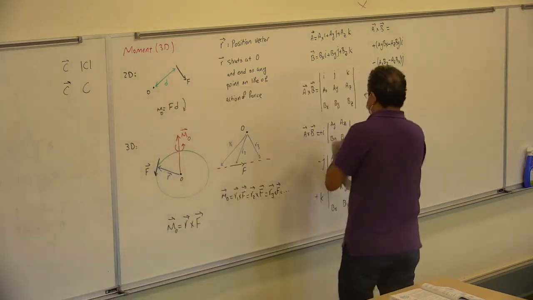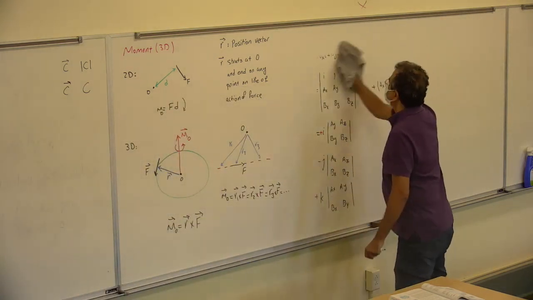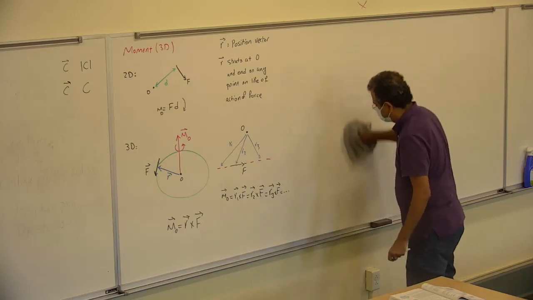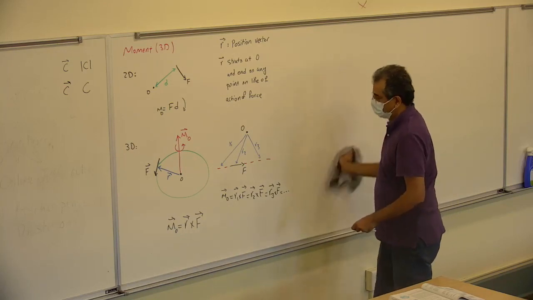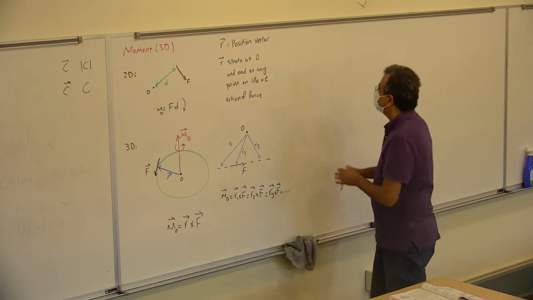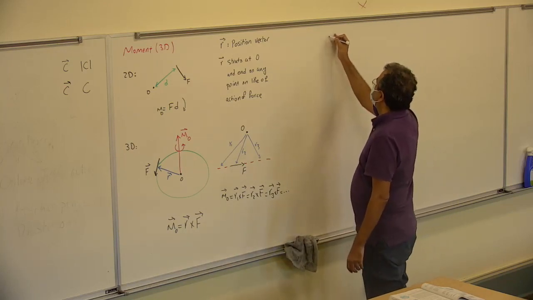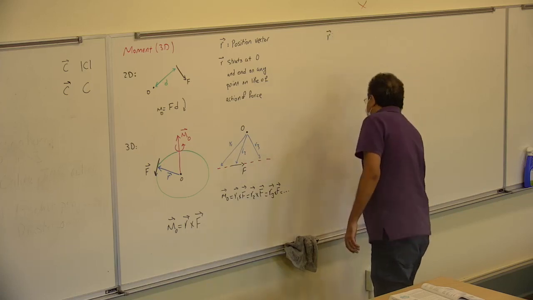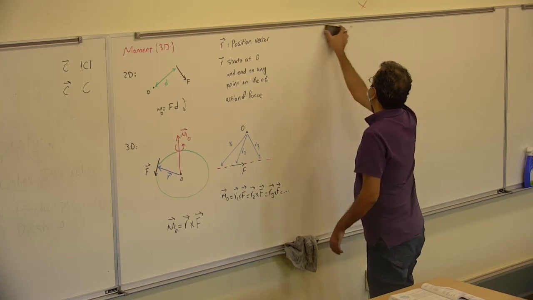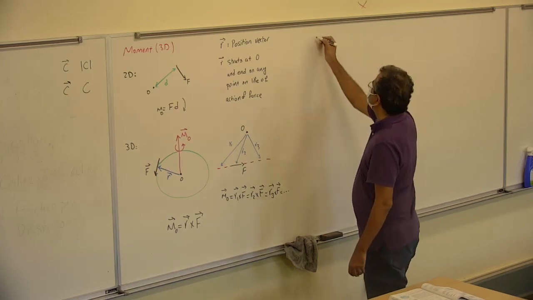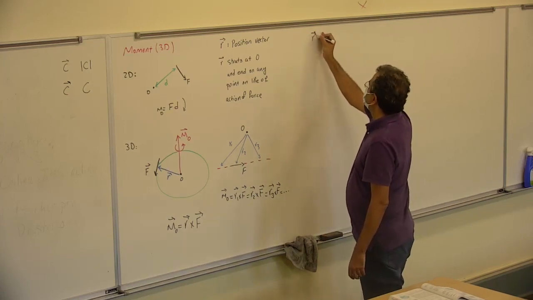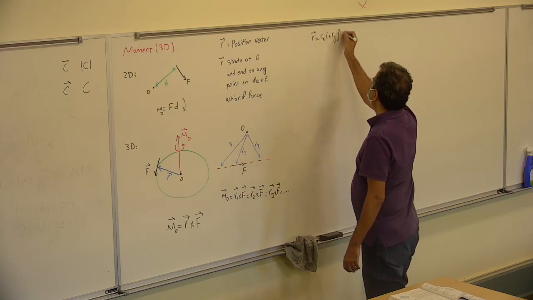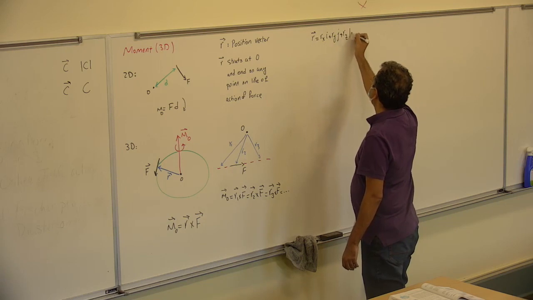Now, I have the R as rx i plus r in the y direction j plus r in the z direction k.